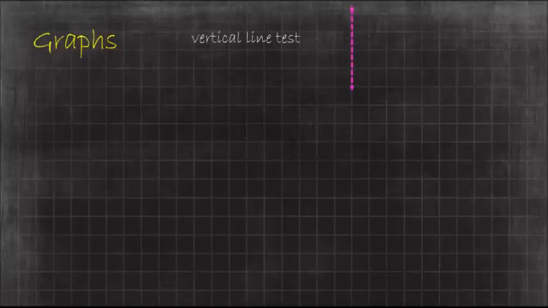So if you have a vertical line in some type of graph, this is where x is always the same number. Anything that has x's that are right on top of each other, so they have the same number, is not going to be a function automatically. So you look and see if your function touches a vertical line at the same time. If it does, then it is not a function.